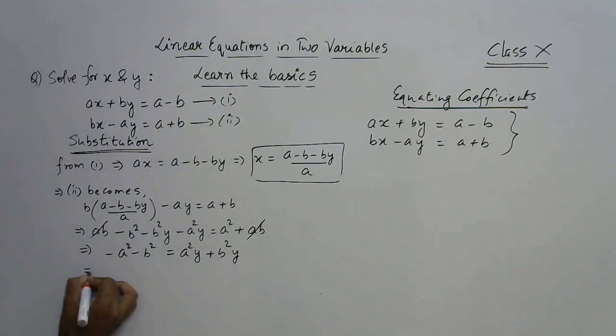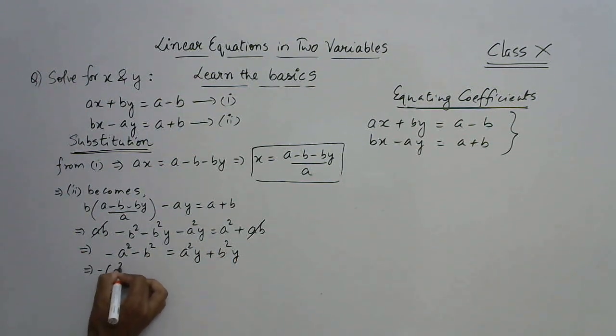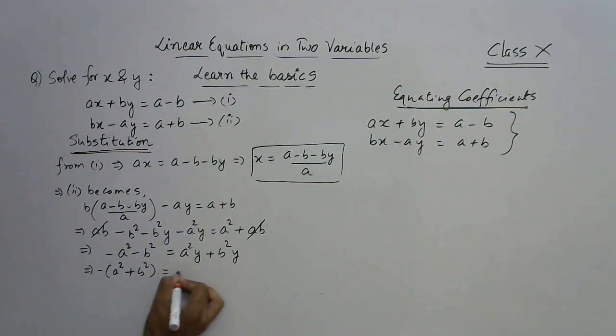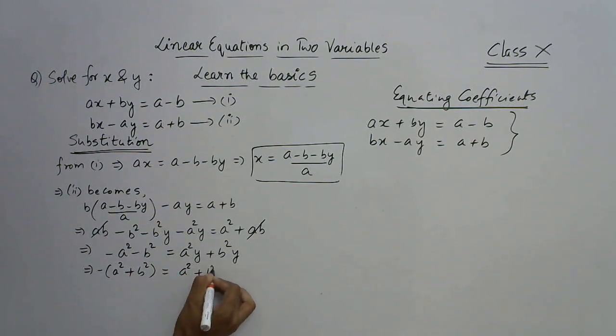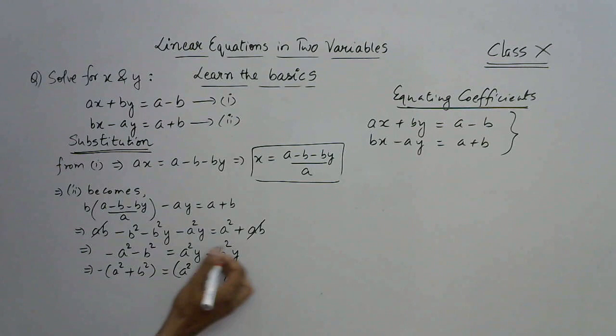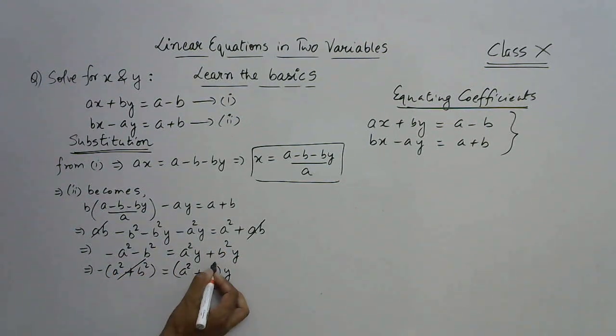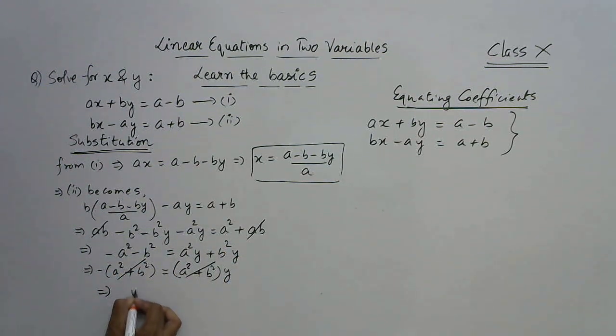Very easy after this, just take the negative sign common, we have a square plus b square, and again y common, so we again have a square plus b square in the bracket. So a square plus b square gets cancelled as a common factor, and the value of y comes out to be minus 1.